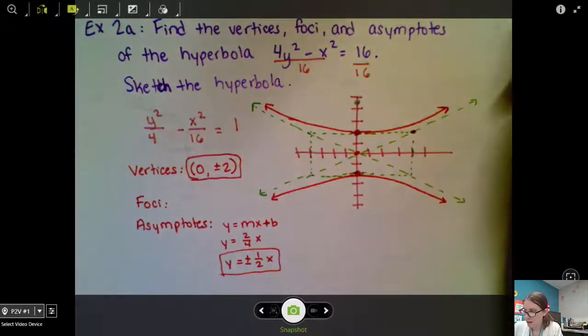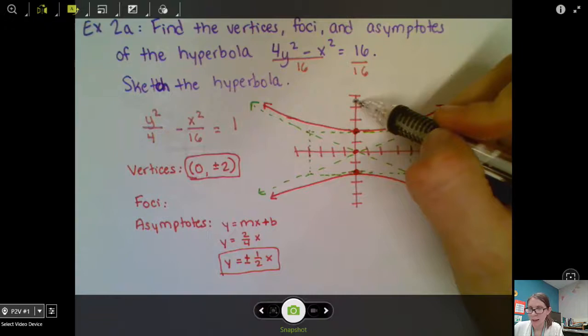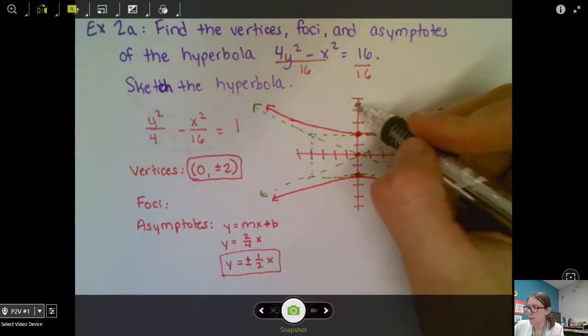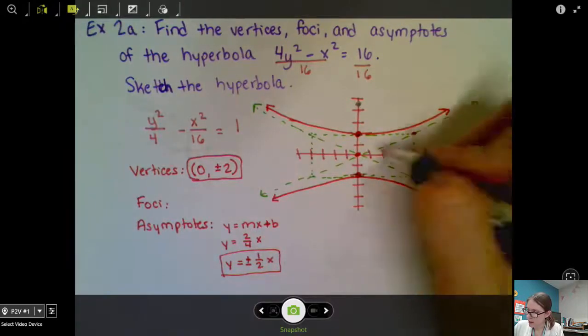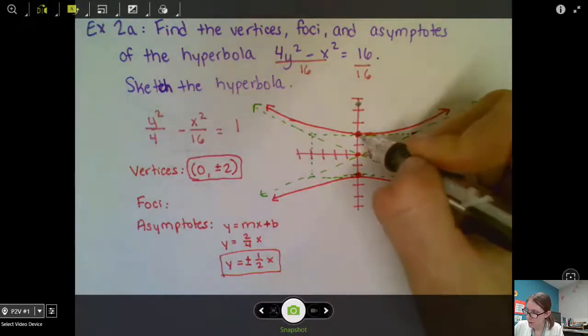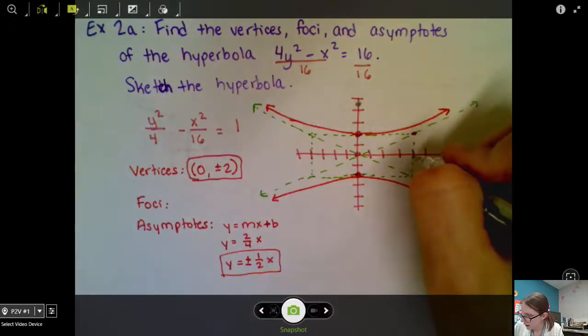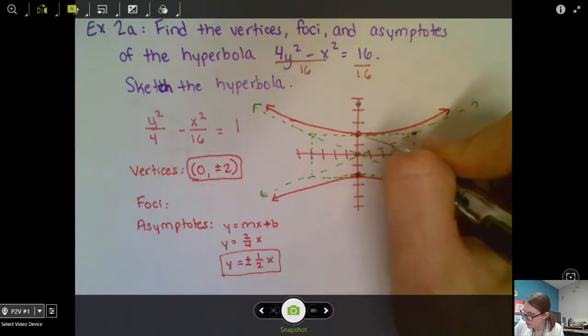And let's draw in what our right triangle is going to look like. So our furthest point is the point that we don't use when we make our right triangle. So in this case, with our hyperbola, we're going to use our vertex, the origin, and then this other dimension for our central rectangle.